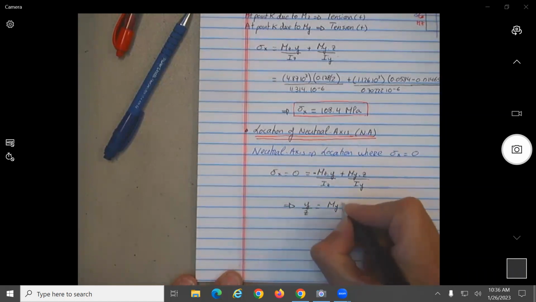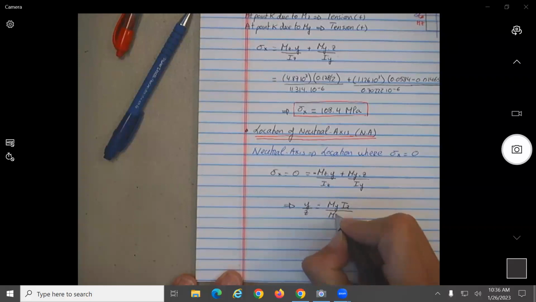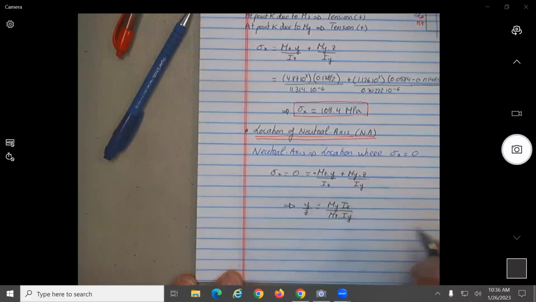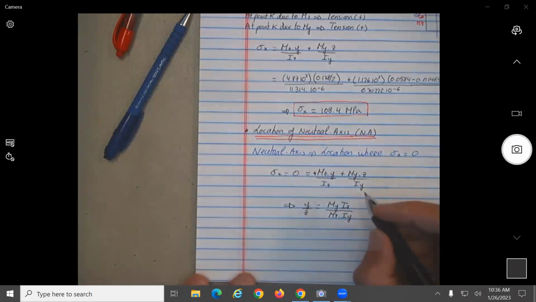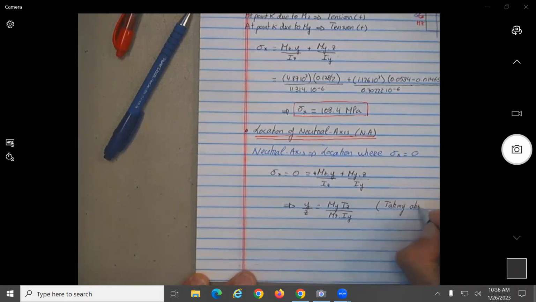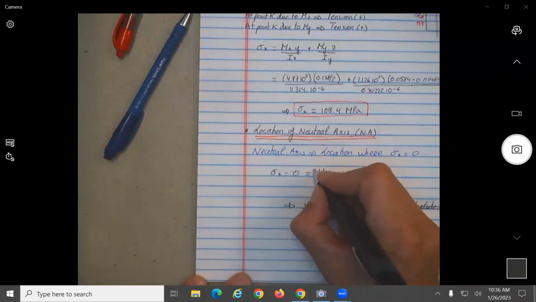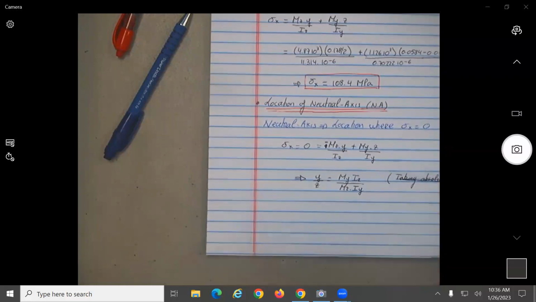So it should give you My Iz over Mz Iy. Sorry, here it's important. Here the sign is important, however, because it's going to define the rotation. So you need to put the negative sign here.